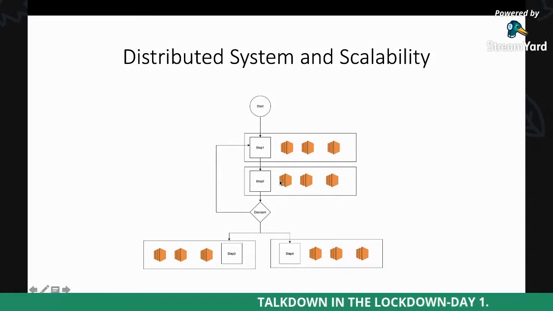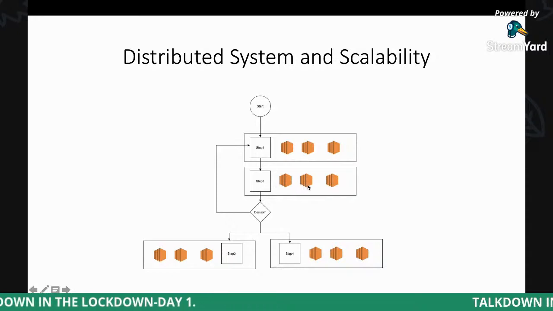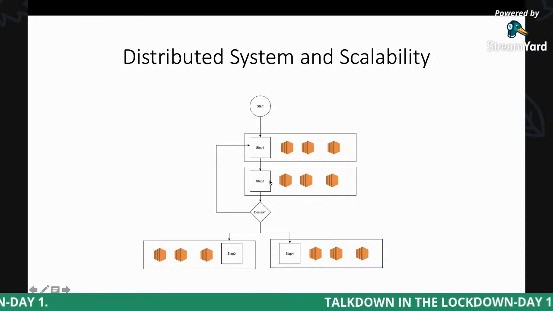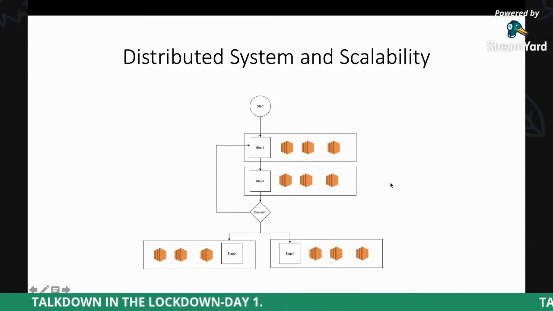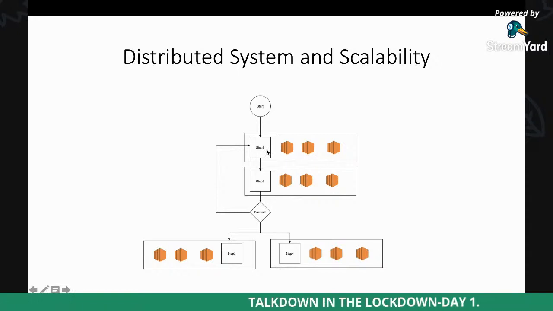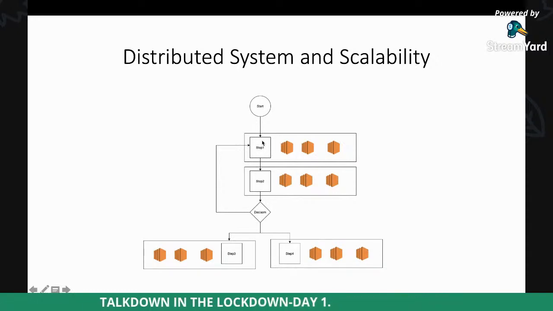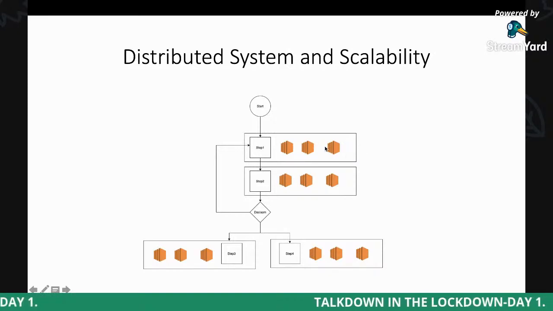In this node I can add n number of servers. If this node is getting too much traffic, we add a particular number of servers to this node. Similarly, I can scale this node, the booking system, and add more servers in this node.